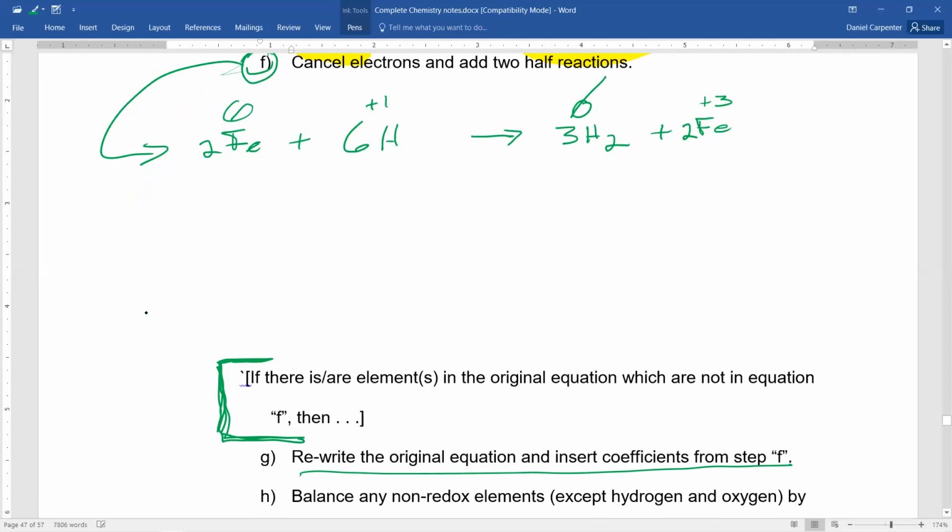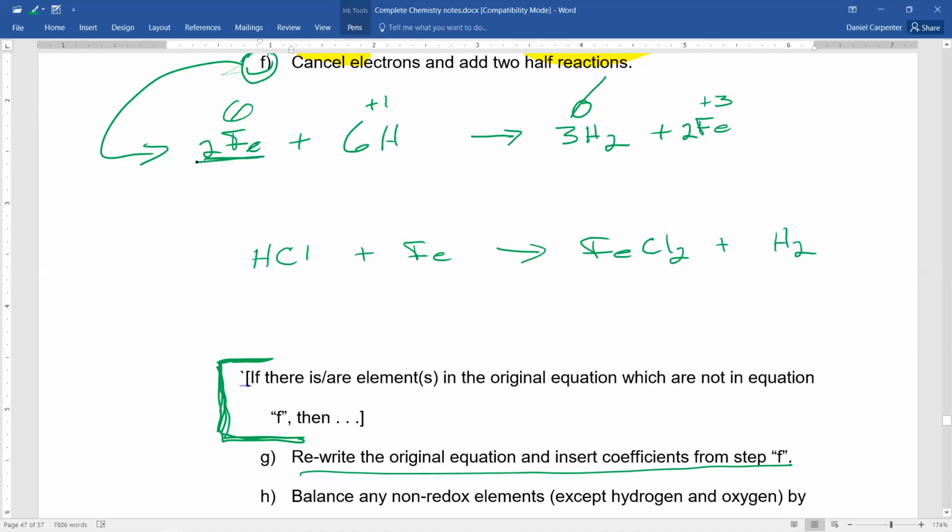So the original equation was HCl plus Fe arrow FeCl3 plus H2. So I take these coefficients and I put them in this equation, but I can't just randomly put them someplace.